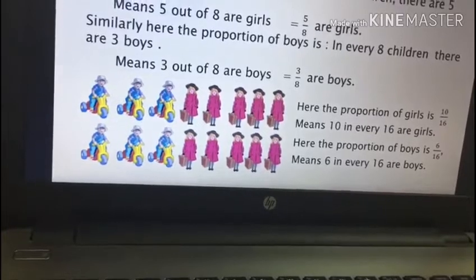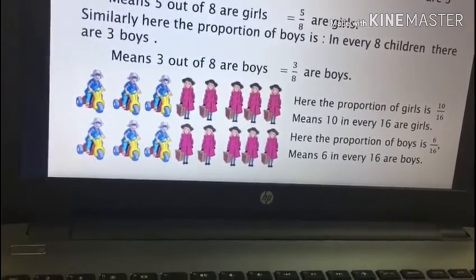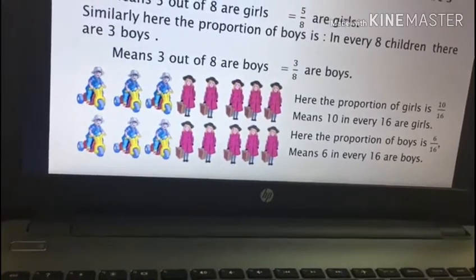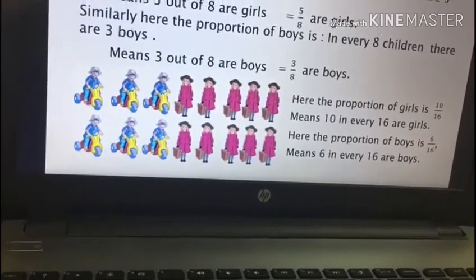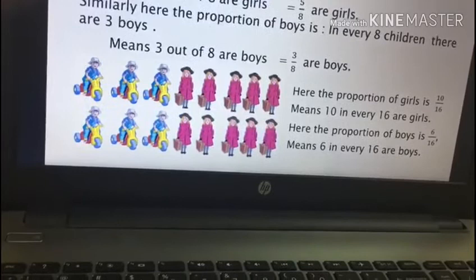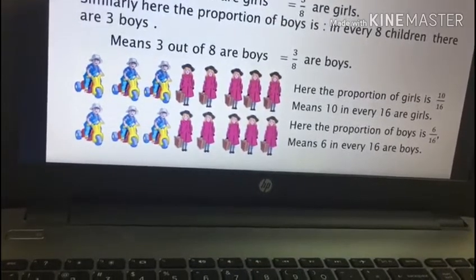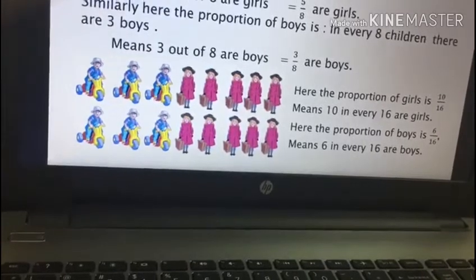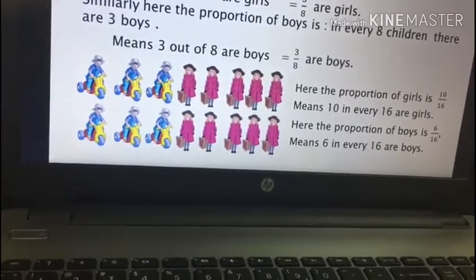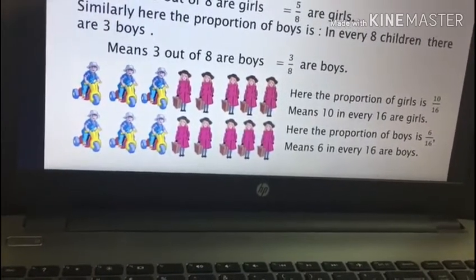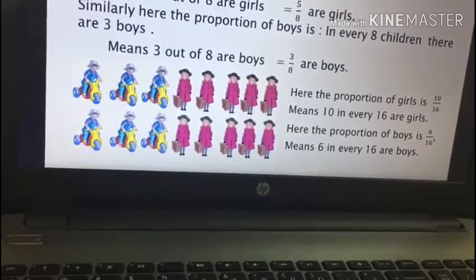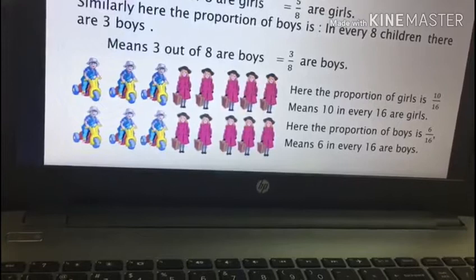In the same way, the proportion of boys out of 16 children is 6 out of 16. Before it was 3 boys, and when the total number doubled, the number of boys also doubled. So 6 by 16 is the proportion of boys out of 16 children.